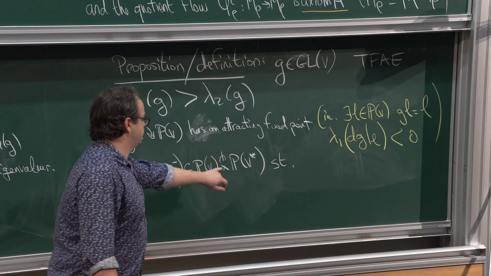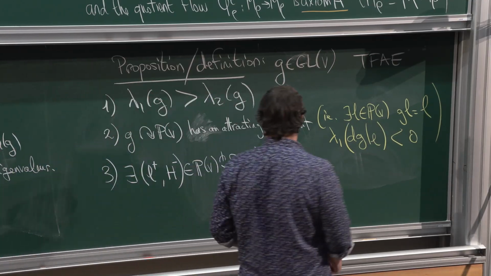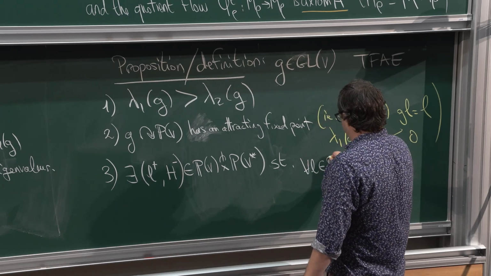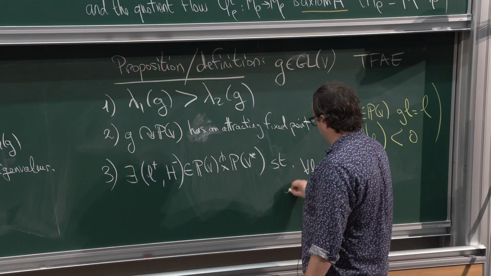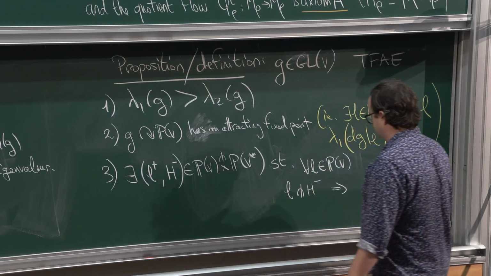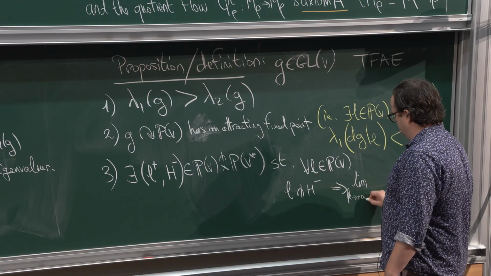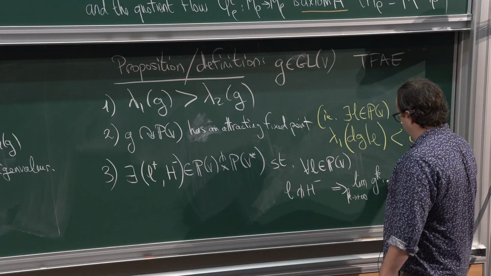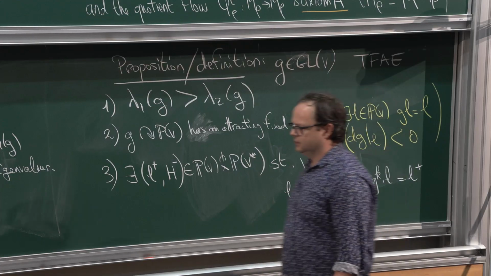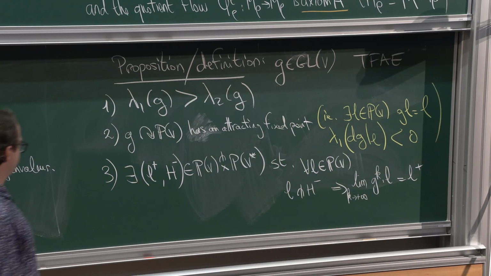So here I'm using this identification between hyperplanes and the projective space of V star, by the way. Right, so for any L which is in P of V, if L is transverse to H minus, then as k goes to plus infinity, g^k acting on L will go to L plus. Right, so having these source-sink dynamics, like an attractor and a repeller.